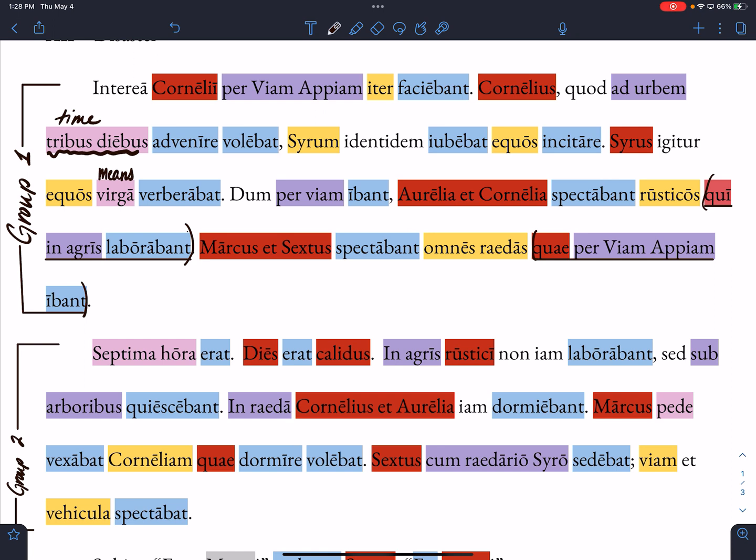Careful, we're watching. All the carriages that were going along the pathway. So for quae, you could say that, you could also say which. Right, that or which are fine. On the back of the book it says who. Who, which, or that, all of those are fine.